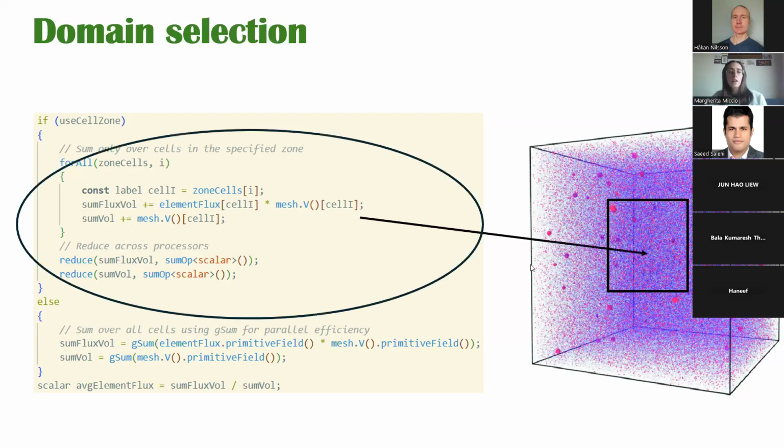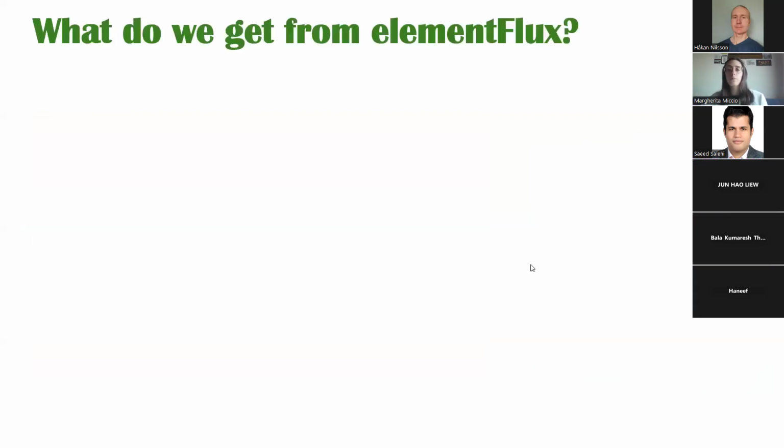And this is done thanks to the other if loop, where we need to give indeed the cell zone. And this, once again, will make an average within this part of the domain, which can be either, for example, the flame zone, or the rich part where we have more fuel or less fuel. It can be interesting to do in several zones of the domain regarding the combustion processes.